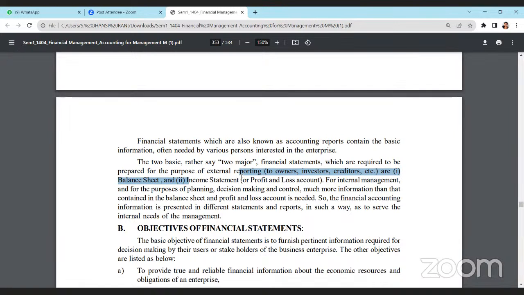Whatever we are preparing in block 2 is not sufficient for these people to understand what is going on in the organization. Internal management also requires them for external reporting. Why? Because they have to take decisions. They need to control, regulate, and reframe the policies and rules.